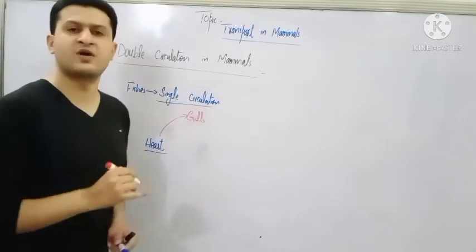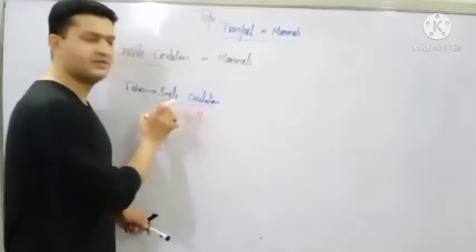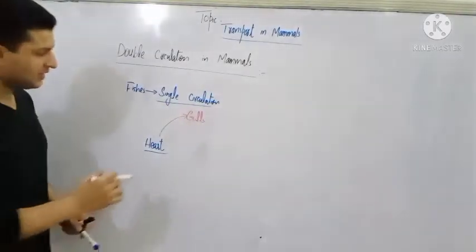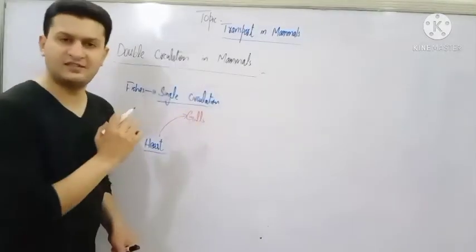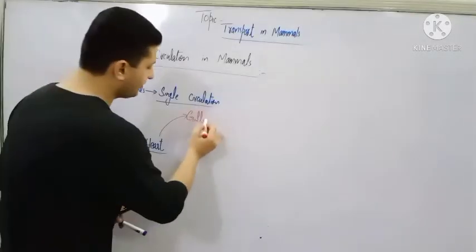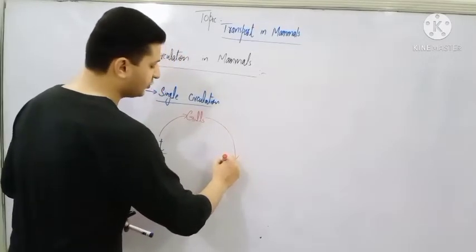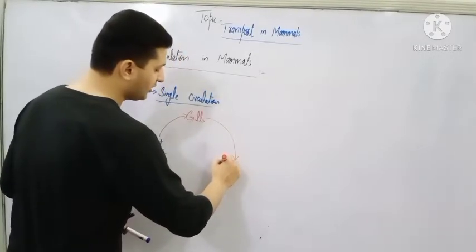You know, fishes do not contain lungs, they contain gills, and through the gills, the blood contains the oxygen. Clear?